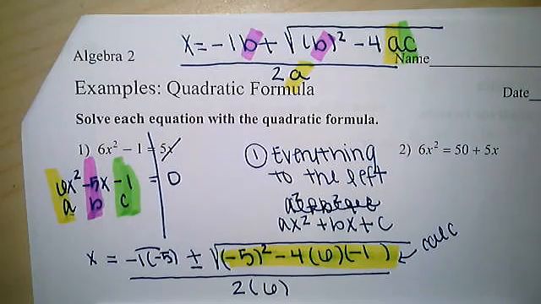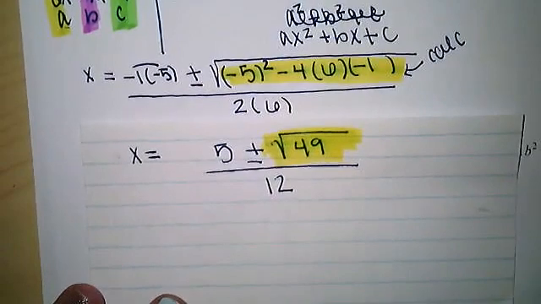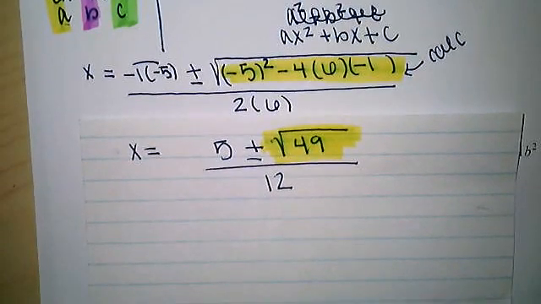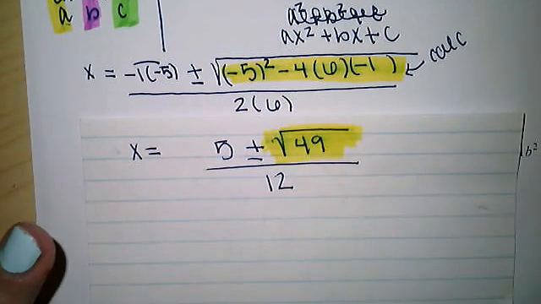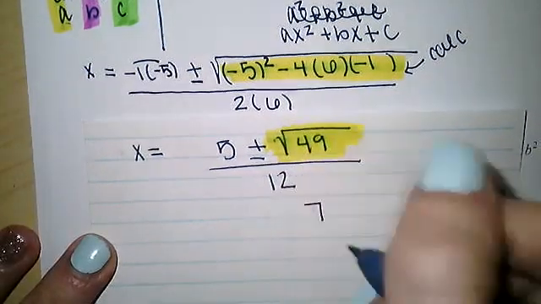I know some of you guys are moving on to the next one, but I want to make sure those of you are comfortable. All right, so what's the square root of 49, guys? 7, okay.